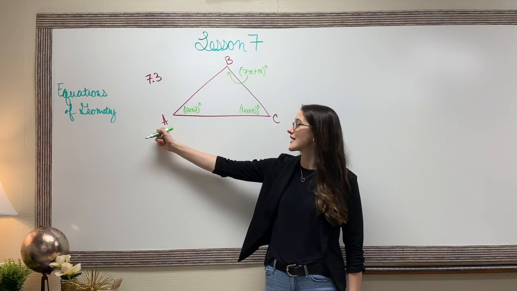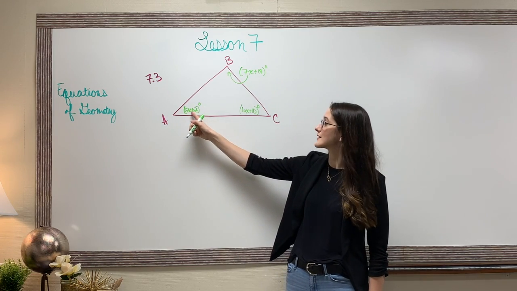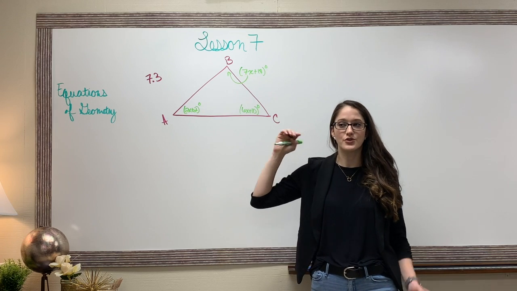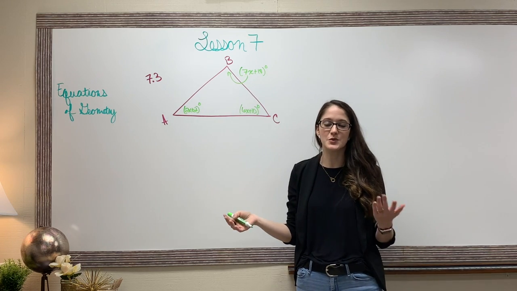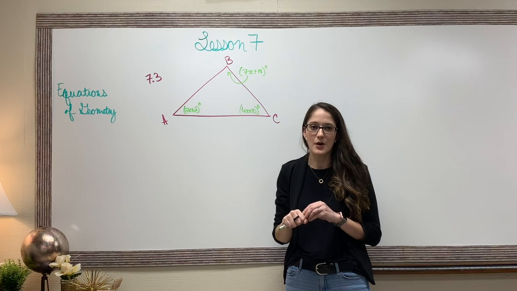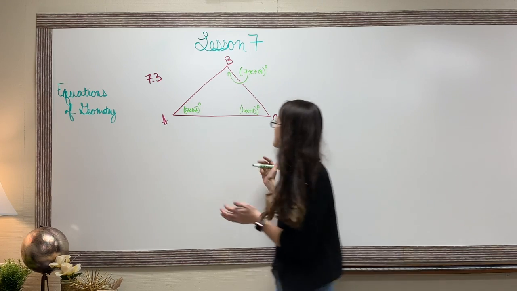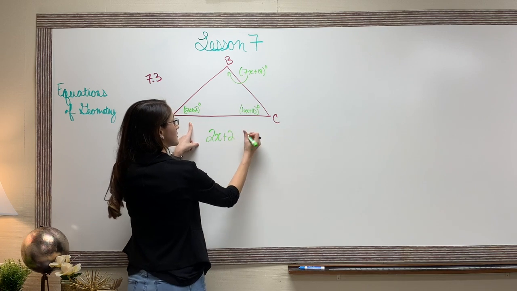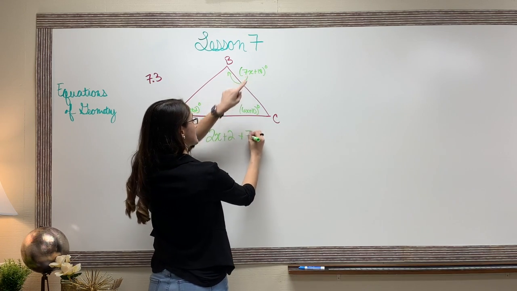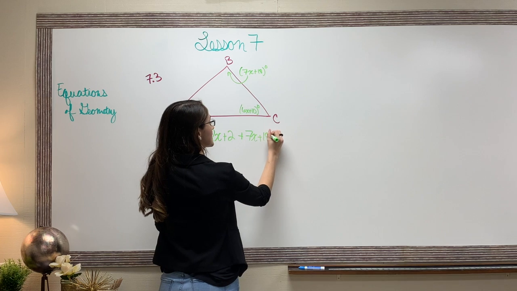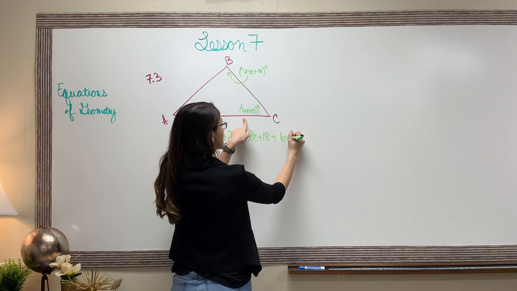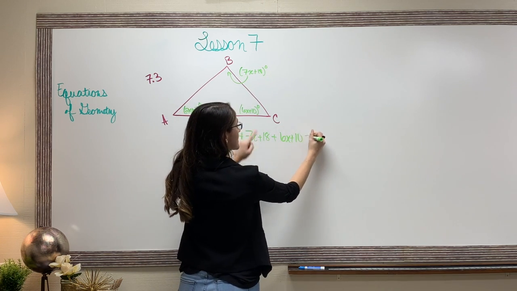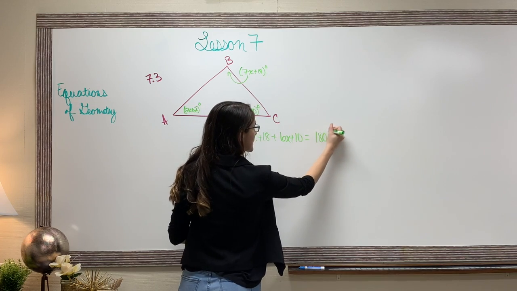But instead of writing the angle letters, I'm going to write these measurements. Now, they're not actual measurements yet because we haven't solved for x, but it works. So we have 2x plus 2 plus 7x plus 18 plus 6x plus 10 equals 180 degrees.